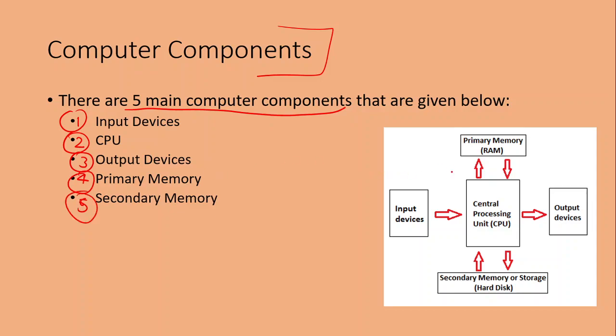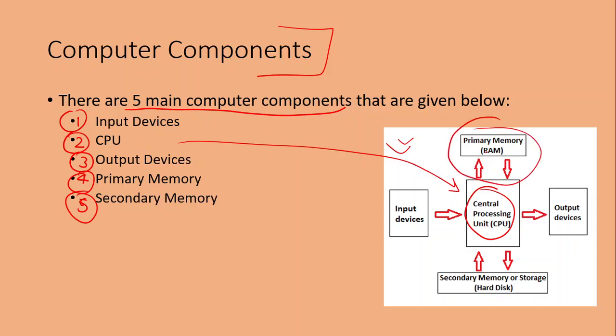And we can see a basic diagram that explains how these components are interrelated and integrated to make the computer. For example, the central processing unit, that is the CPU, is given here, and then you have the primary memory where the transfer of data is shown in both ways.